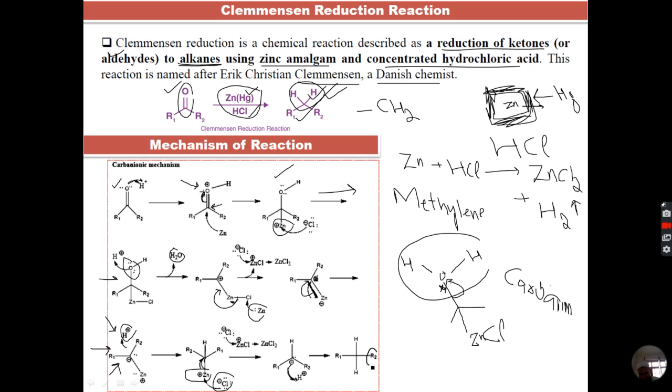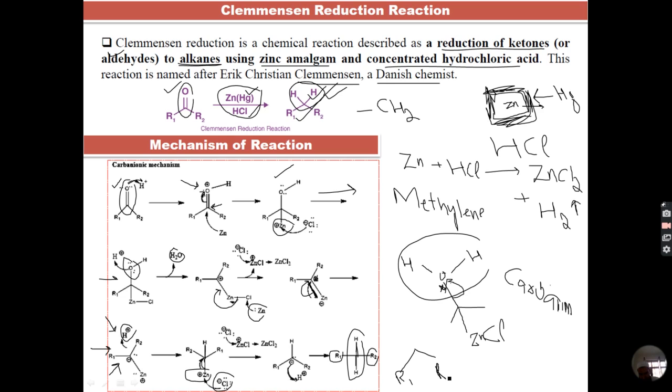The result is that we have a final compound formed where the carbon is attached to two hydrogen atoms. It means the carbonyl that was here, this one, has been replaced by a CH2 group. You can also show it like this now. This is your R1.